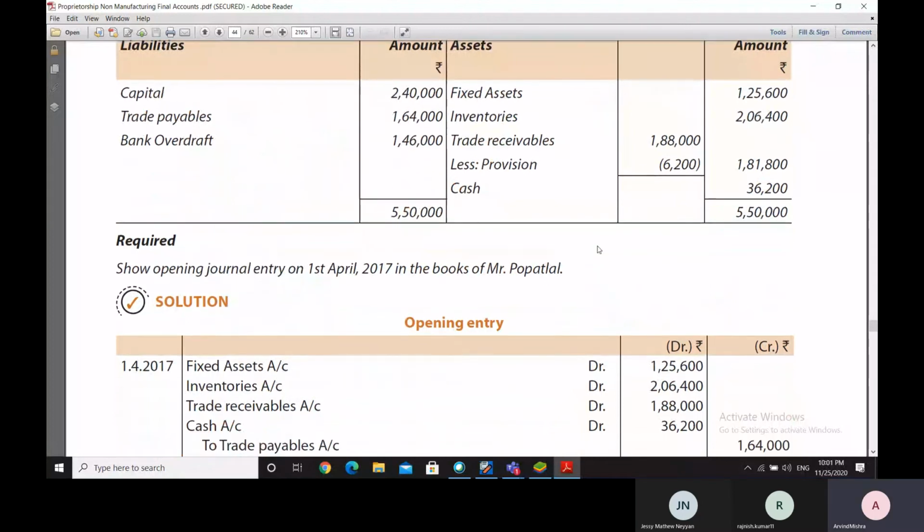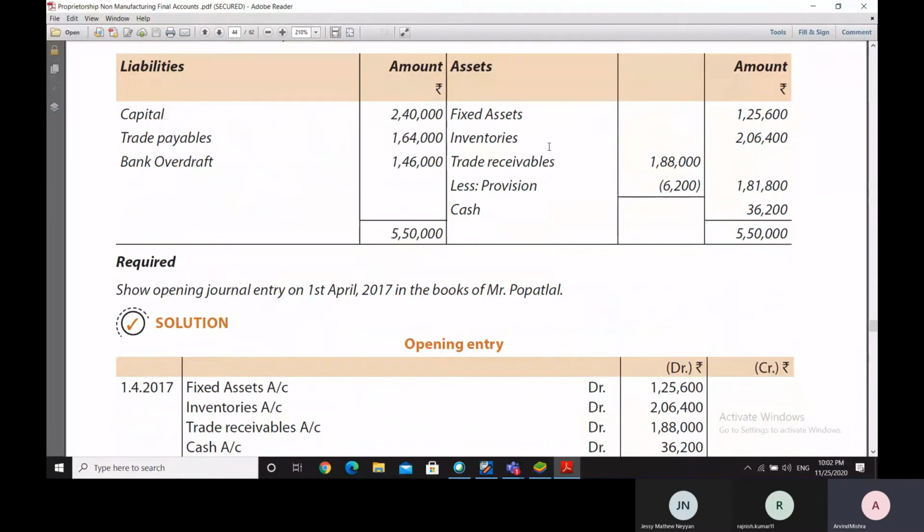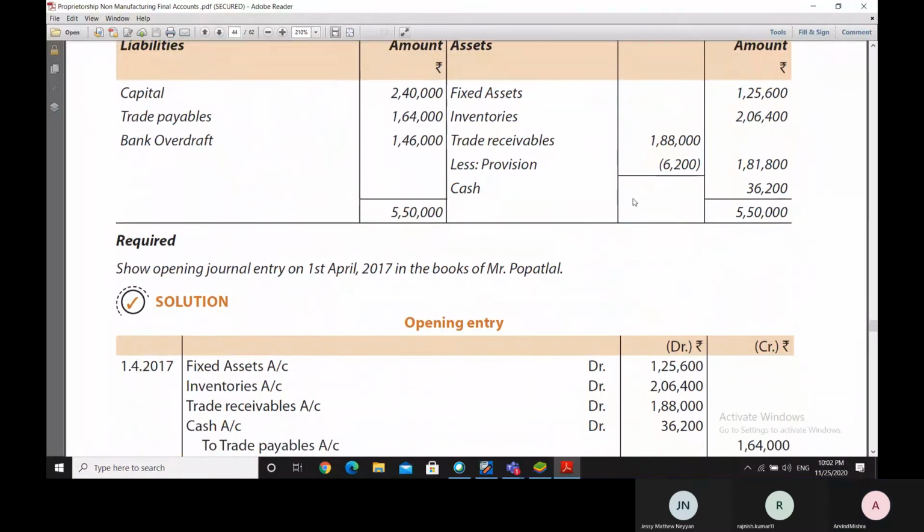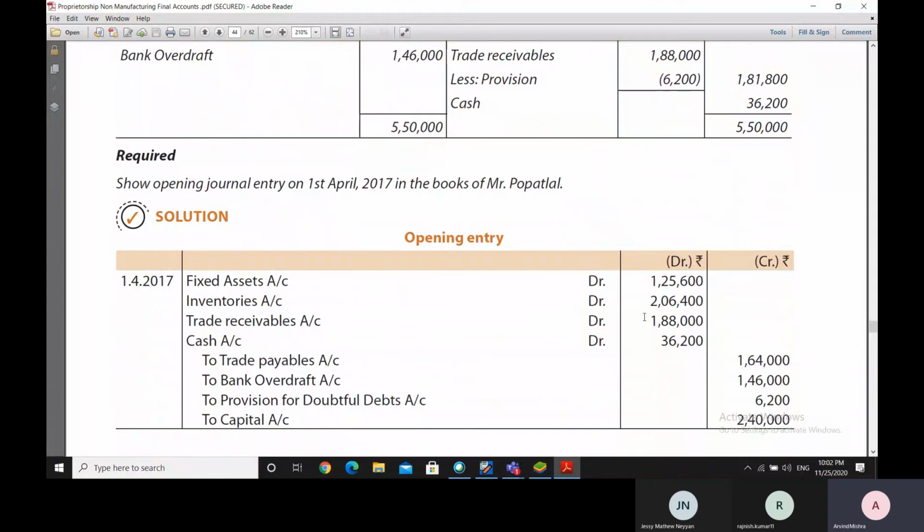So in case of trade receivables, we are seeing here that though in the balance sheet we are reducing the provision for doubtful debts from the trade receivables, here we are debiting the trade receivables by 1,88,000, the original trade receivables, and the provision is credited here.